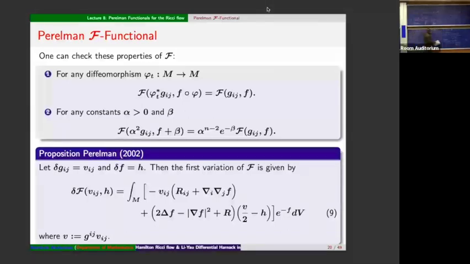What we did there has a reason. Instead of F, we have to introduce this type of volume. It's called weighted volume. So this is the Perelman F energy. So if you want to find the variation of this now, you already know the variation of g, which is given as v_ij, and you know the variation of f given as h. So you can find the variation of F.